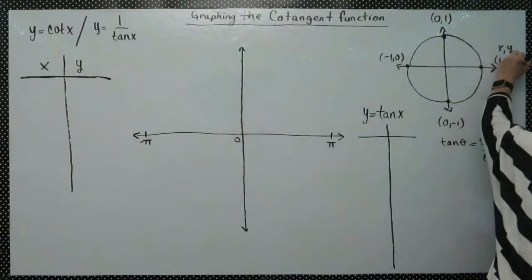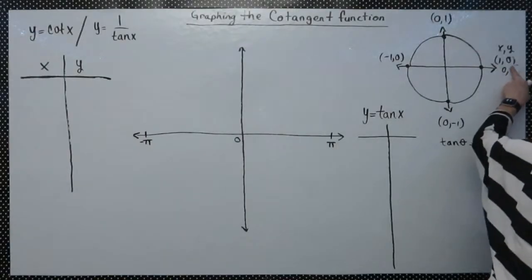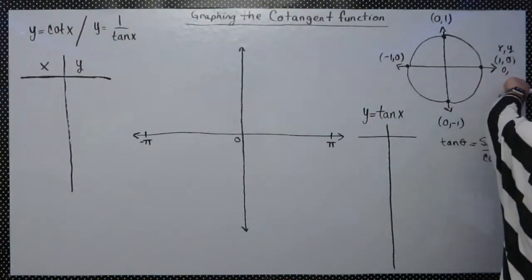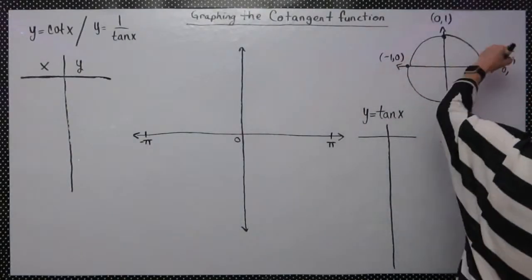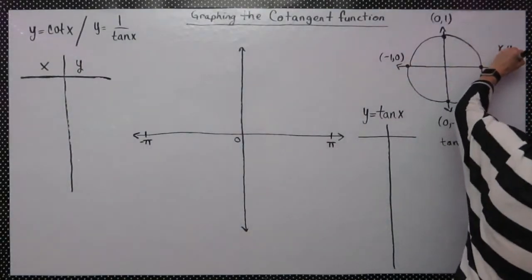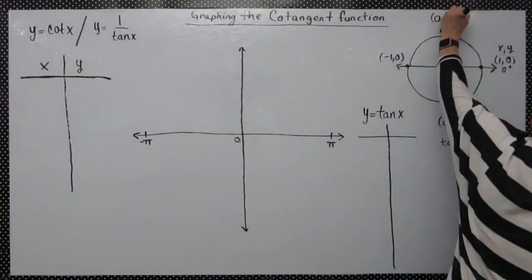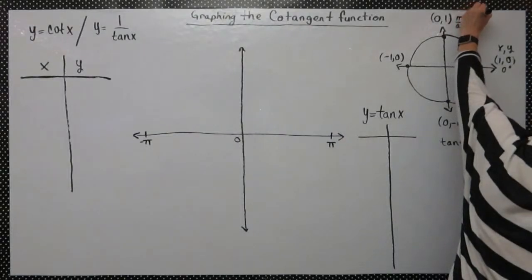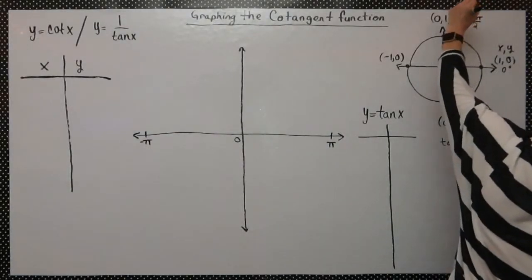So this was 0 plus or minus 2 pi. We only need the 0 degree because we're only going from 0 to pi and negative pi. So we'll need 0 degrees. We'll need pi over 2, and we'll need negative 3 pi over 2.